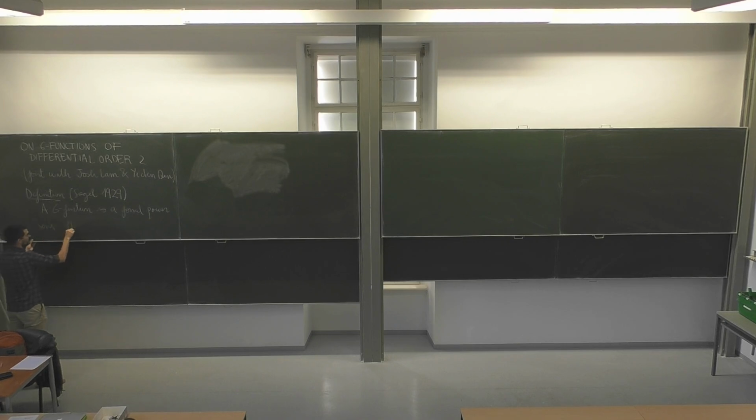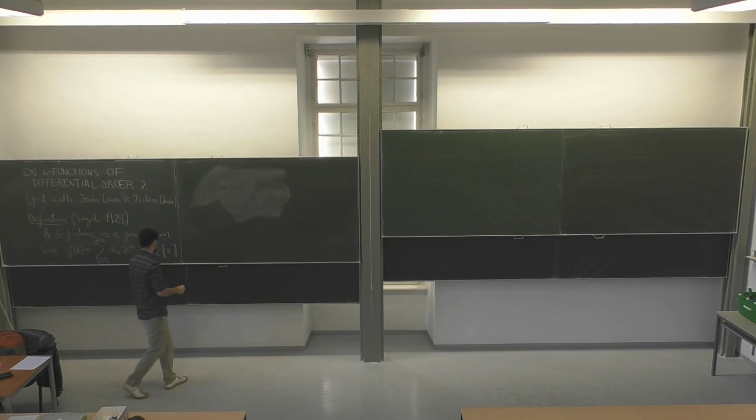Let me call it F. So it's a formal power series with algebraic coefficients. This is a Q bar. Q bar is the field of algebraic numbers inside C. And we ask them to satisfy two conditions.